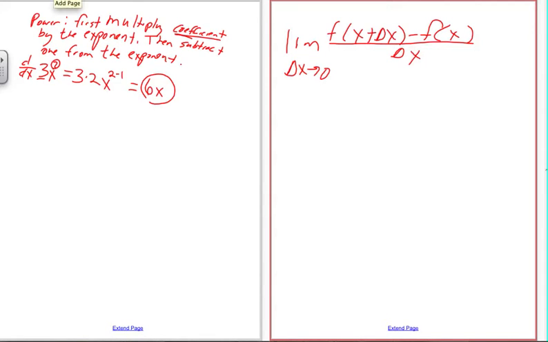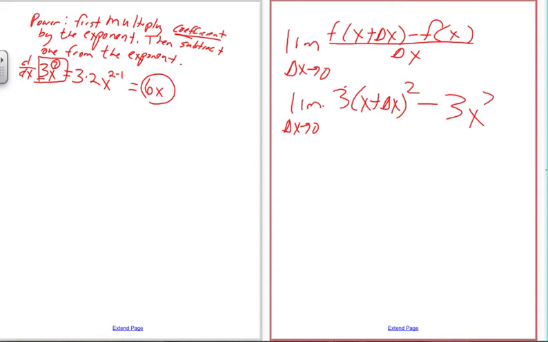So there's my f of x, it's my 3x squared. So I'm going to have the limit as delta x goes to 0 of 3 times x plus delta x squared minus 3x squared all over delta x.